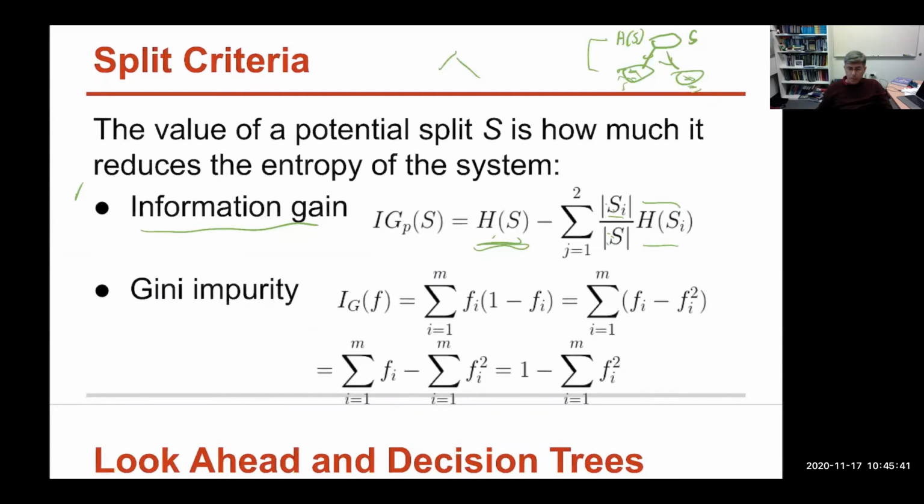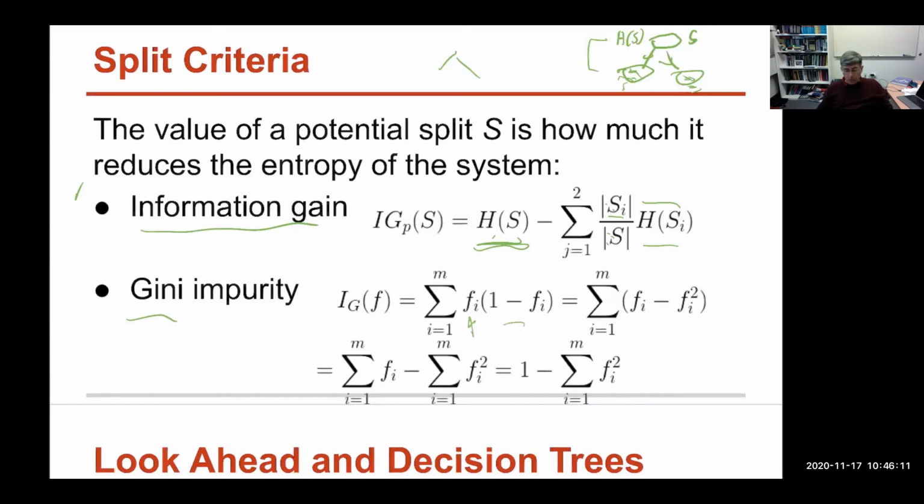There are other measures of how pure or impure a partition is. One of them that they talk about is the Gini impurity, which is basically summing up for each class the product of its frequency times 1 minus its frequency.